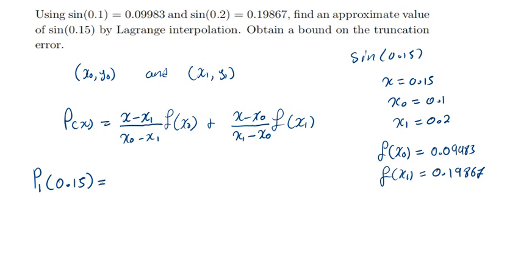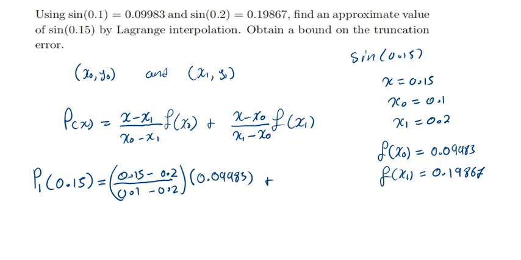Okay, so that is going to be equal to, just a matter of putting 0.15 where there's x. So you have 0.15 minus x sub 1, which is 0.2, divided by x naught, which is 0.1, minus x sub 1, which is 0.2. I can actually put this into brackets since we are multiplying by f of x naught, which is 0.09983, plus.